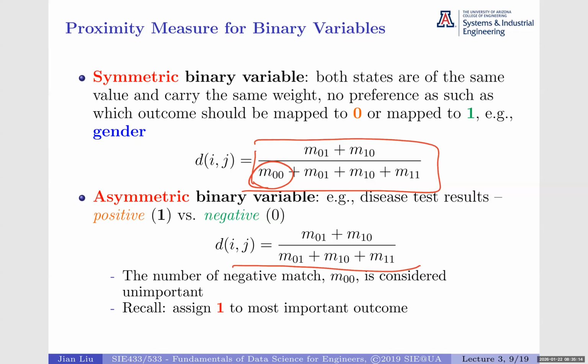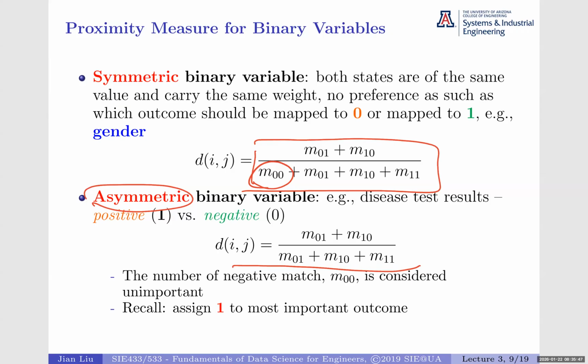Because a negative result means no more treatment, right? No more follow-up. It's not so important. So even with these 2 ratios, we care or don't care about both negative. That's the difference. For asymmetric, because negative or 0 means less important, we don't really care about it. So we don't even want to include it in this denominator. Okay, so that's the difference.